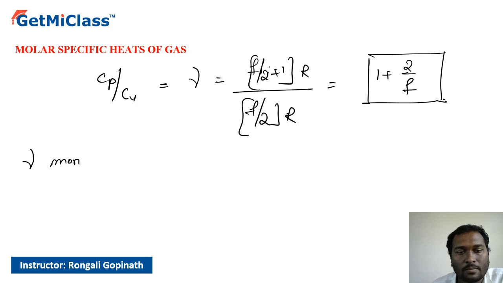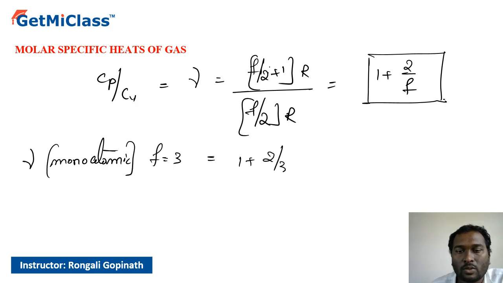Gamma for monoatomic gas: degrees of freedom are 3, which would be 1 plus 2 by 3, which is 5 by 3.